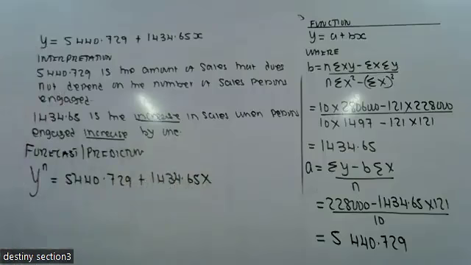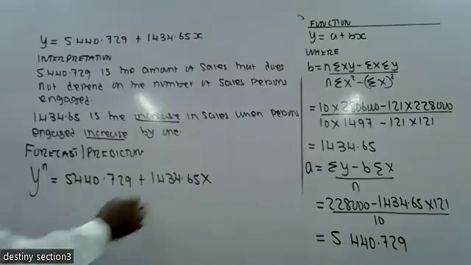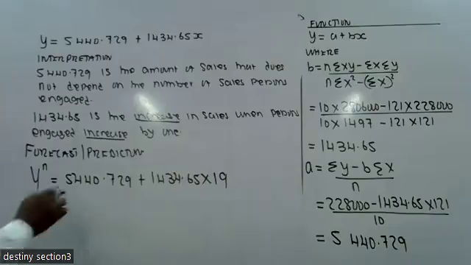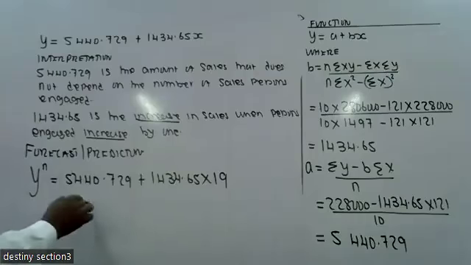Now we bring the value of x. We are told to predict the sales made in the month of January when 19 salespersons were engaged. So if you engage 19 salespersons, plus 1434.65 times 19, I will talk of that 2,699. Round there.